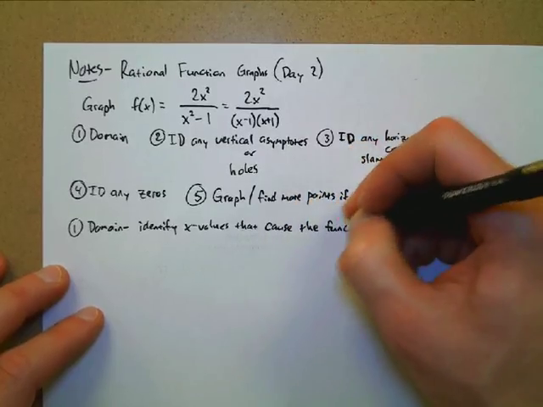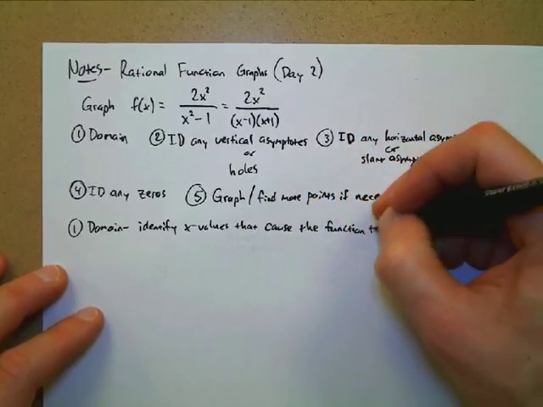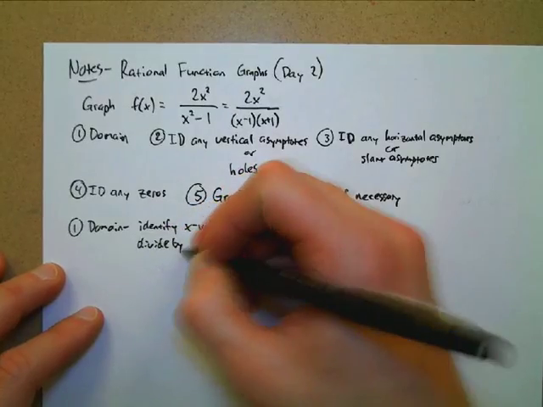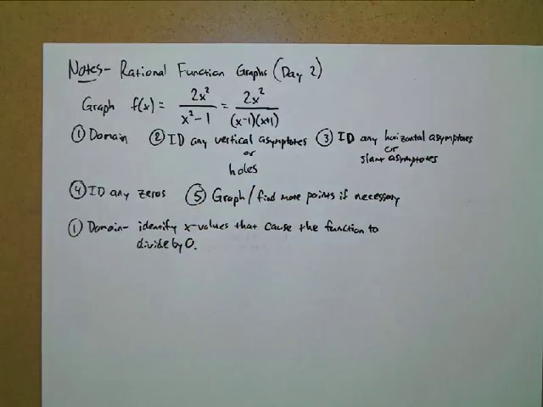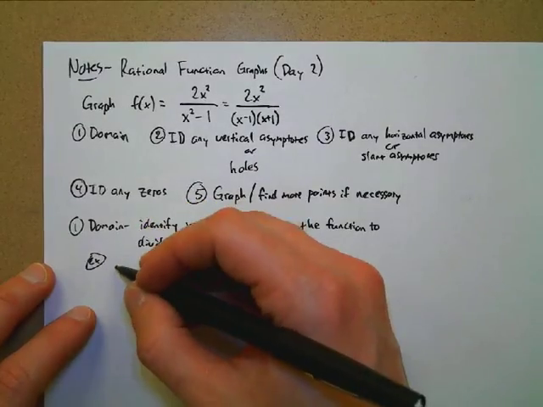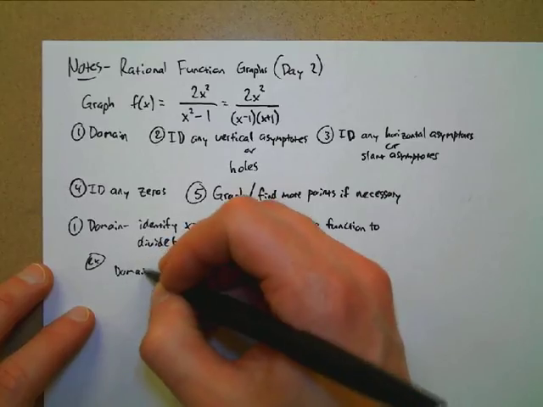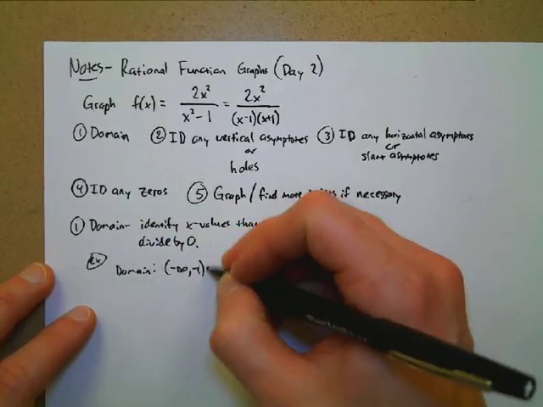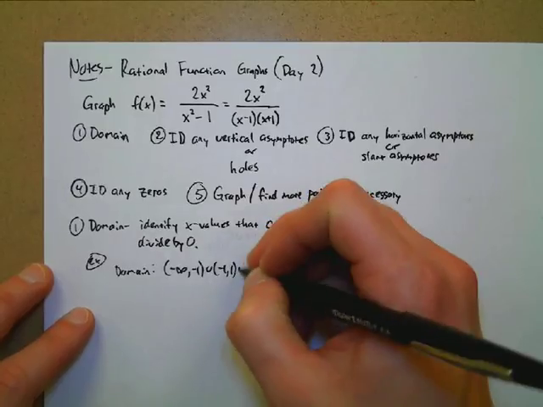So we're going to exclude 1, negative 1. Negative infinity to negative 1, union negative 1 to 1, union 1 to infinity. Or you can just say all real numbers, x not equal to 1 or negative 1, like that.